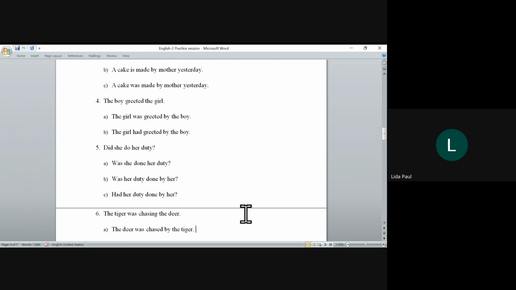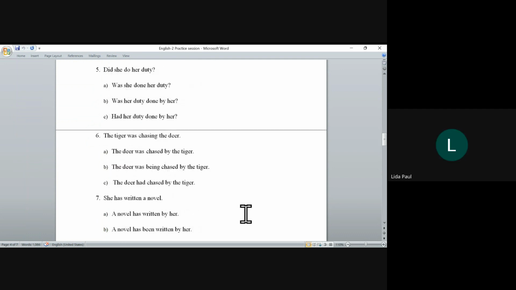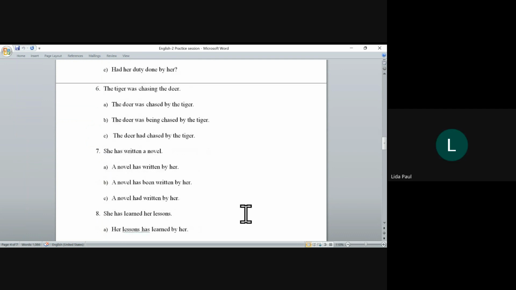Option B, right? Yes, ma'am. Sixth one, the tiger was chasing the deer. Ma'am, B option, the deer was being chased by the tiger. Yes, so option B.